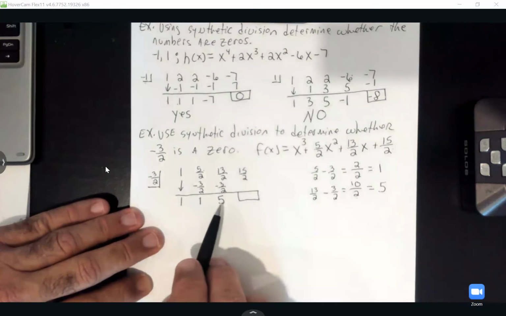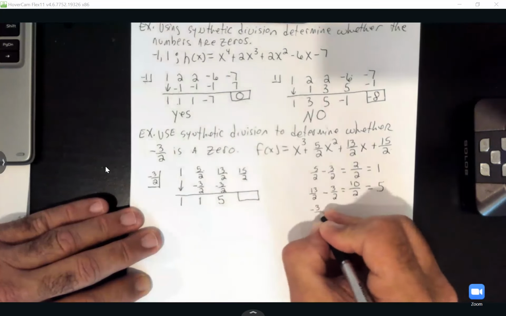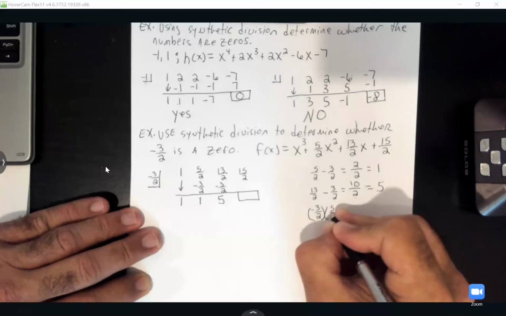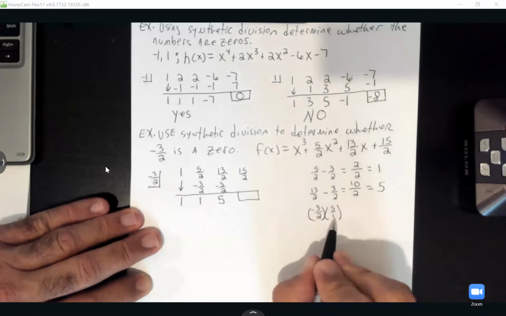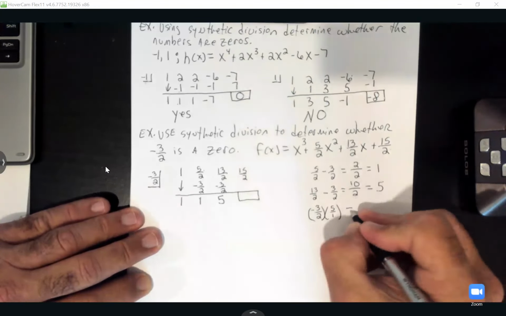So let's figure out what 5 times a negative 3 halves is. So negative 3 halves times 5. And if you want to, put a 1 under that 5, because when you multiply, top times top, bottom times bottom. So y'all look what I get.